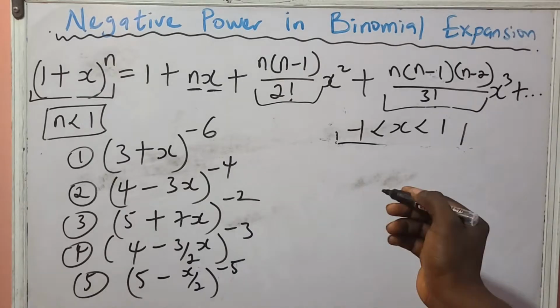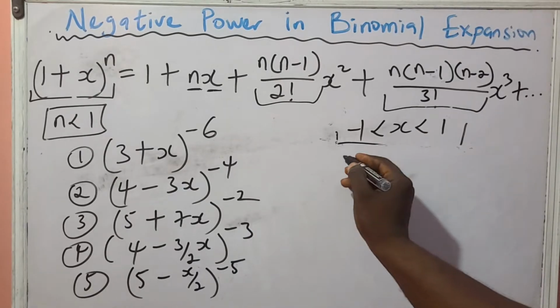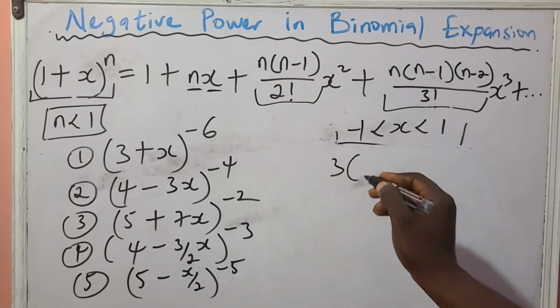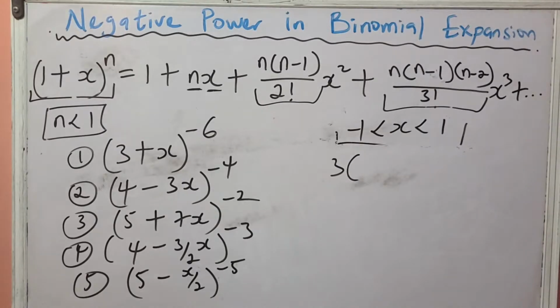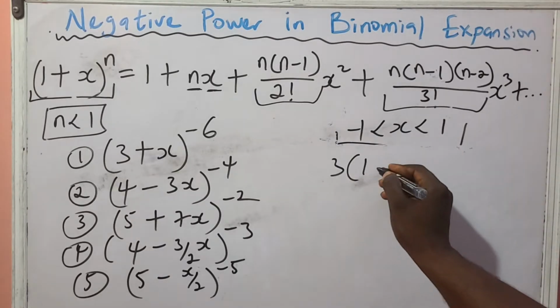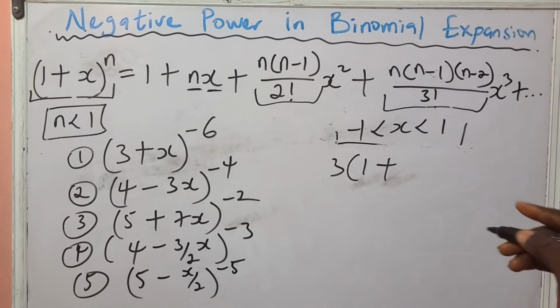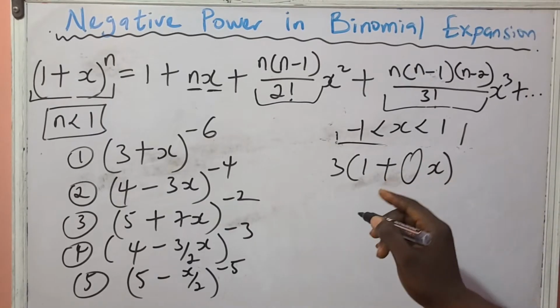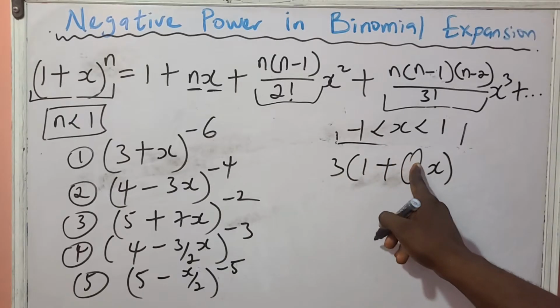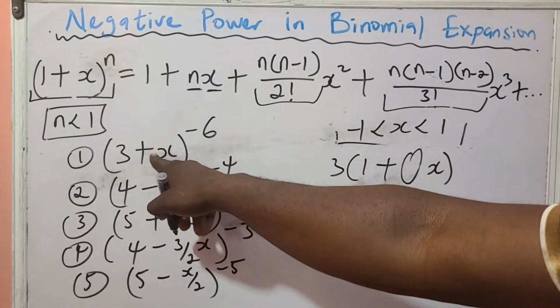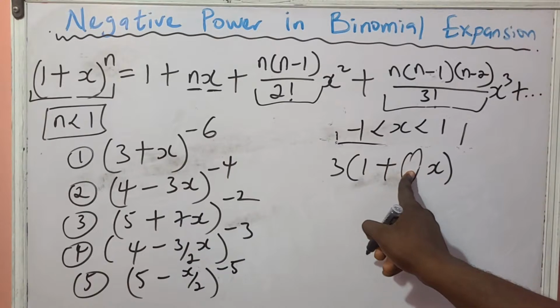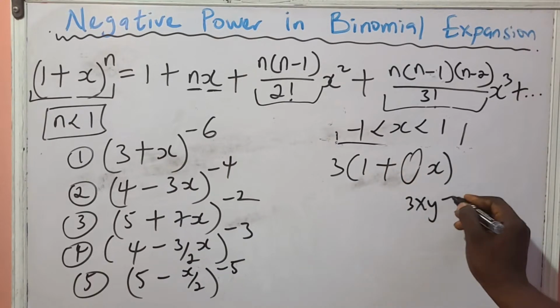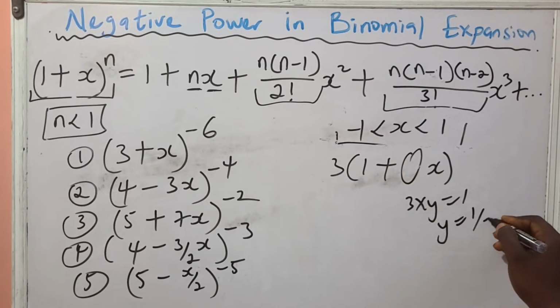We have 3 plus x raised to the power minus 6. Obviously, I told you the first step is you have to bring out the first value that you want to conform to 1. When you bring that out, you would have 1 plus. To know what to put here, ask yourself, 3 times what will give you 1? 3 times y will give you 1. y will be equal to 1 over 3.